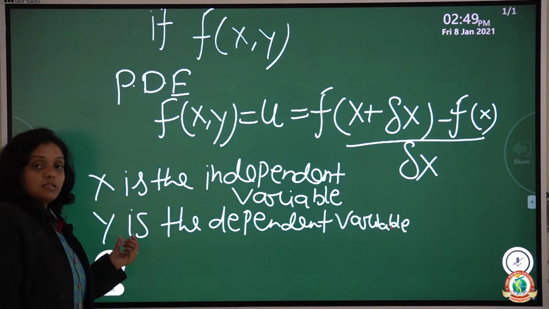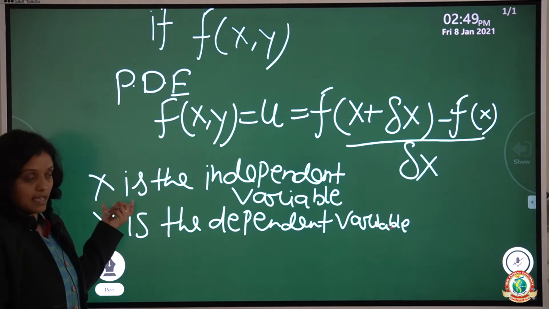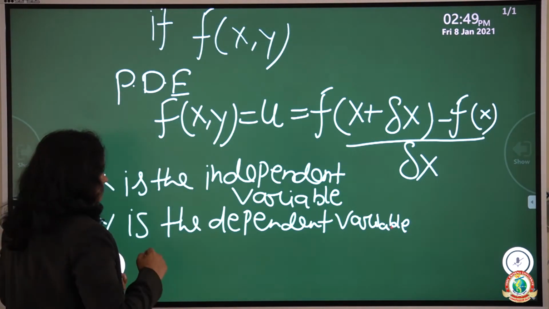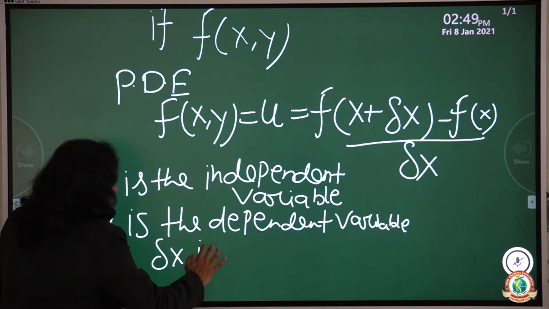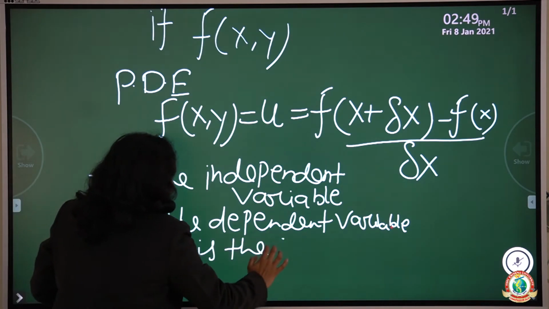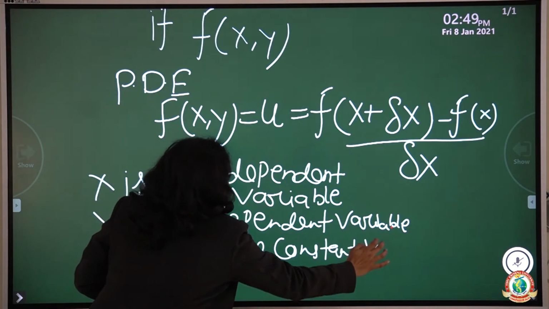It means the value of y always depends on x. Now, delta x is the constant variable.